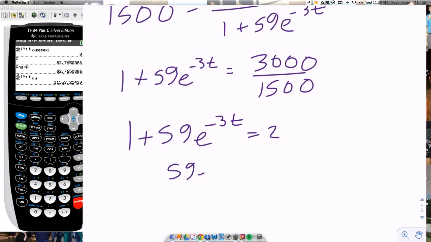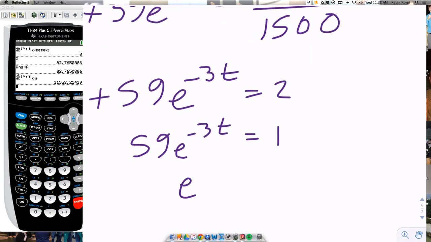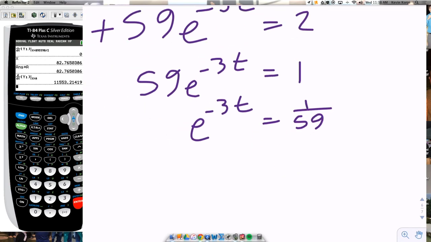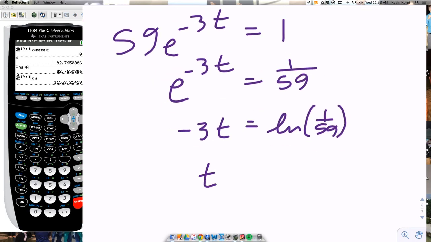I'll subtract 1 from each side. 2 minus 1 is 1. Divide through by 59, and you get 1/59. Now you have to un-e both sides, so you natural log it, and you get negative 3t equals the natural log of 1/59. And you divide through by negative 3 or multiply by negative 1/3, and you get negative 1/3 the natural log of 1/59.